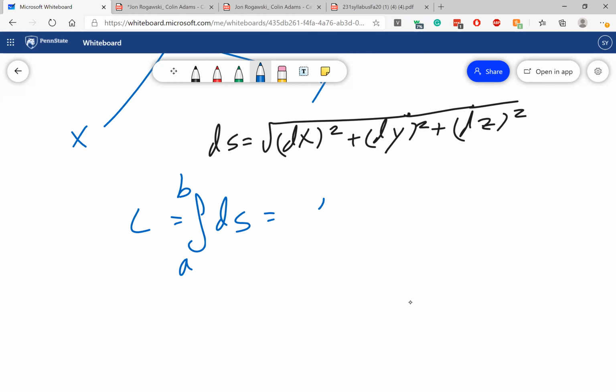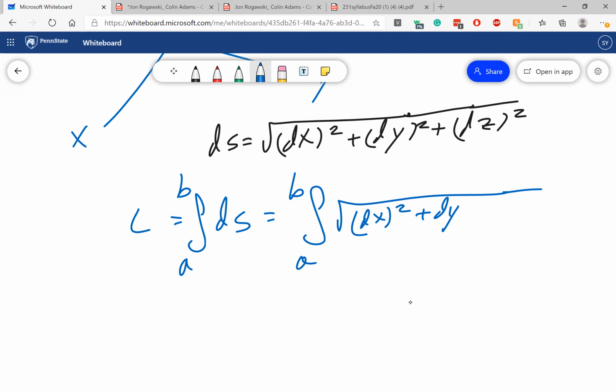Well, that's going to be equal to the integral from a to b of the square root of dx squared plus dy squared plus dz squared. But the problem is these bounds are not really well understood. We would like to put this in terms of t.